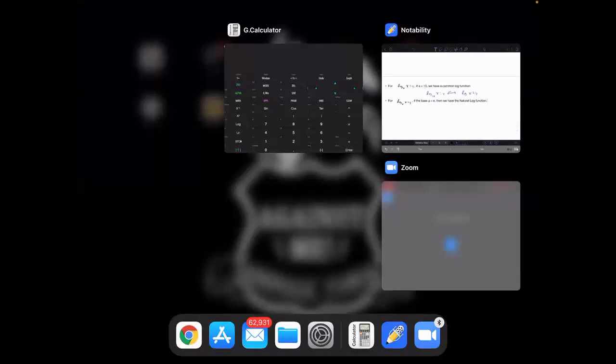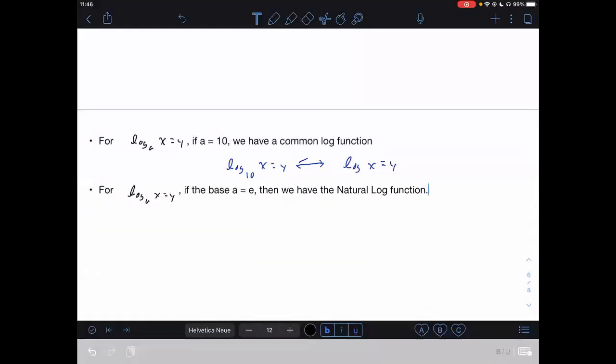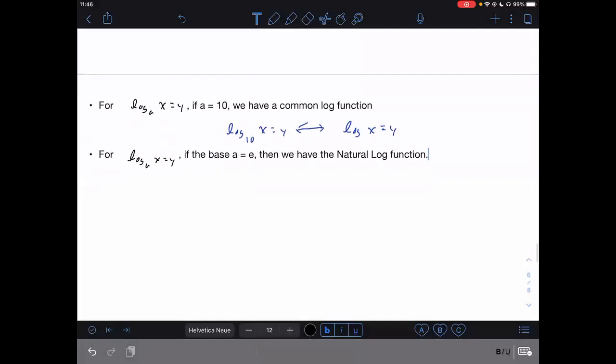When we have a natural number as our base value.